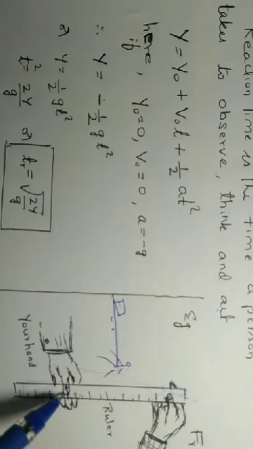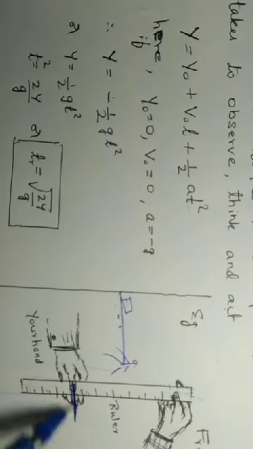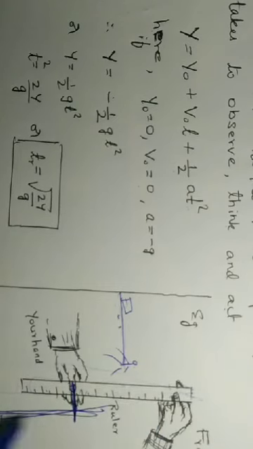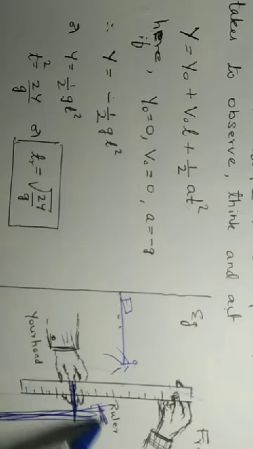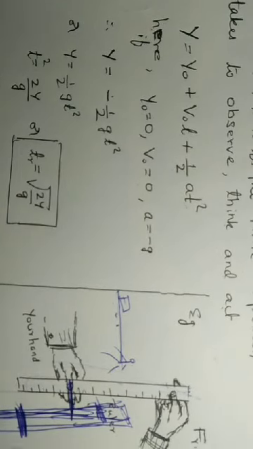When you drop this, this is the initial position. You are holding the ruler. When you drop the ruler, it may move this much. Your initial position will be at this point, and your final position will be at this point.